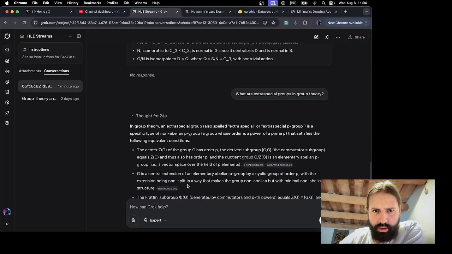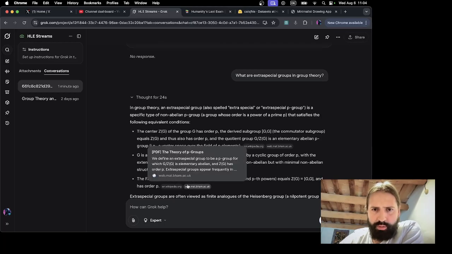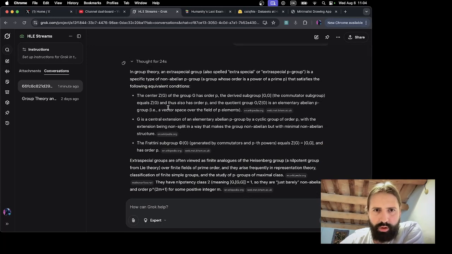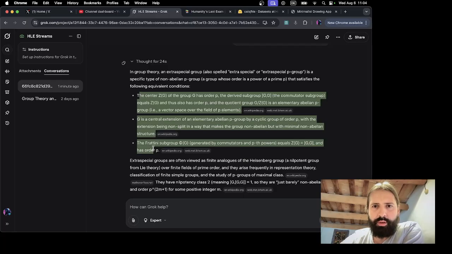In group theory, extra special groups, also called extra special p-groups, are a specific type of non-abelian p-group, a group whose order is a power of a prime p, that satisfies the following equivalent conditions. So that's exactly what we look for. These are the characteristics of extra special groups.